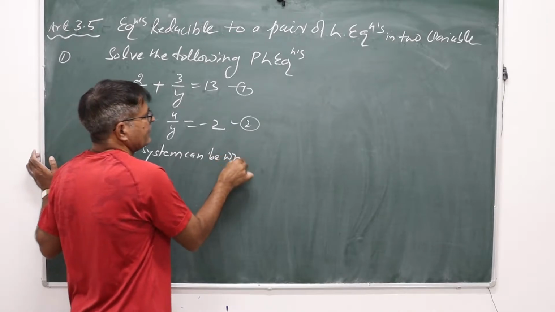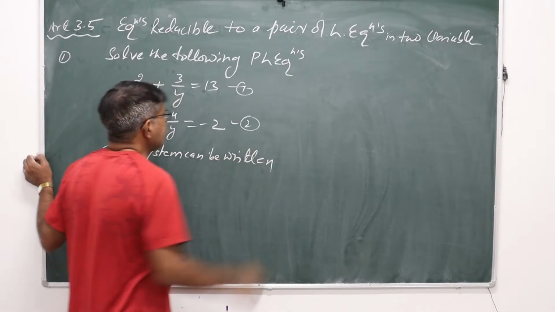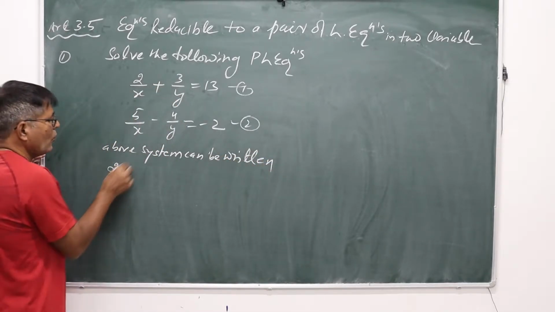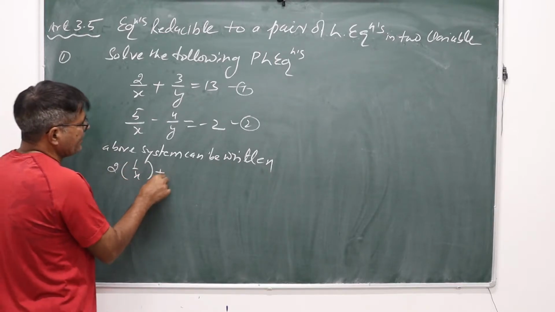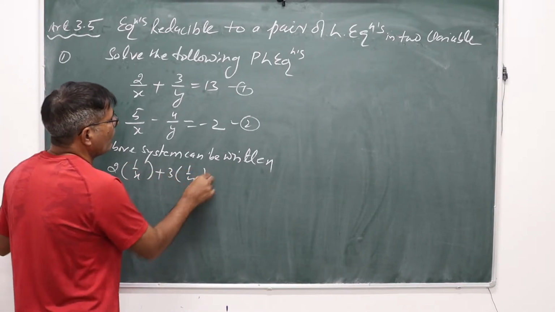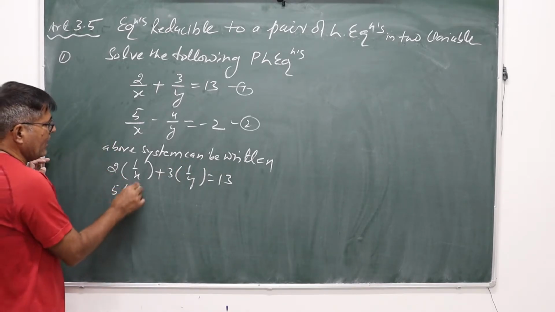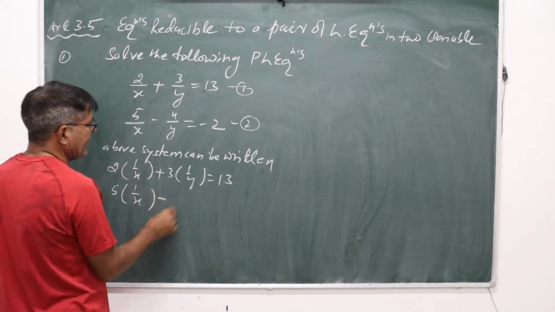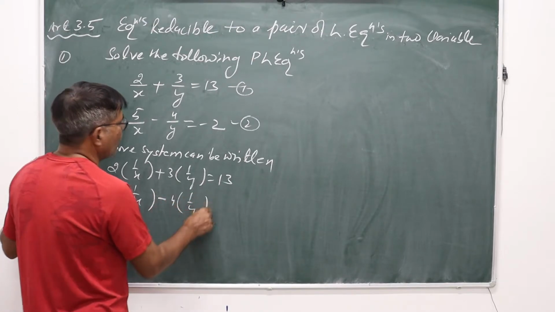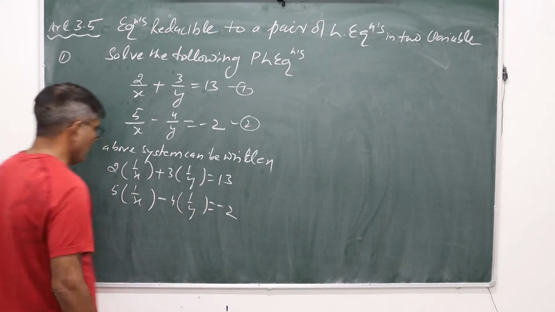written as, इस सिस्टम को कैसे लिख सकते हैं अपन? 2 into 1 upon x plus 3 into 1 upon y is equal to 30, and 5 into 1 upon x minus 4 into 1 upon y is equal to minus 2.